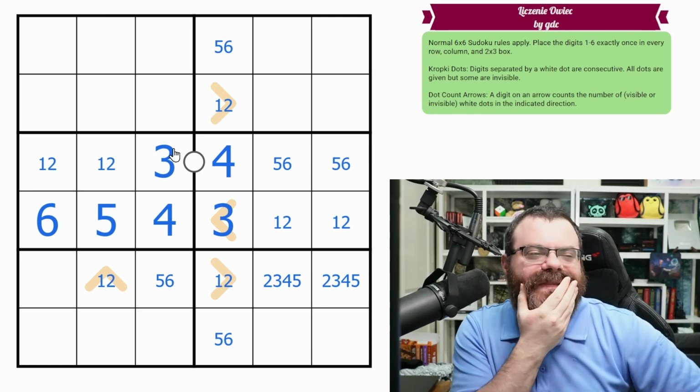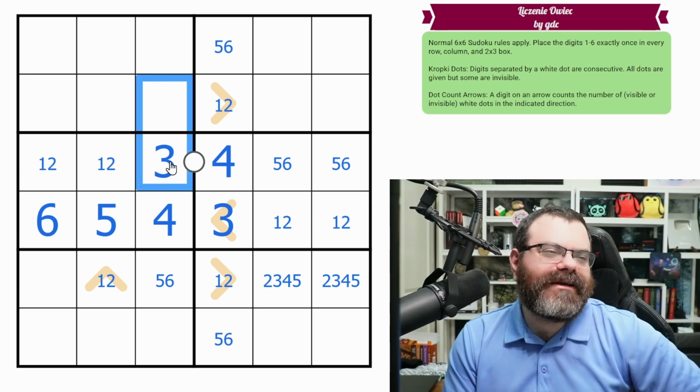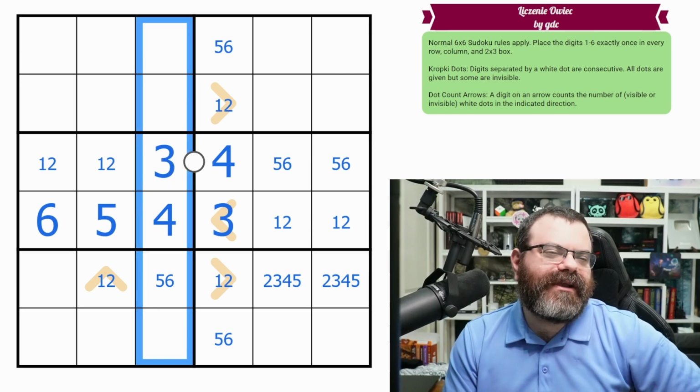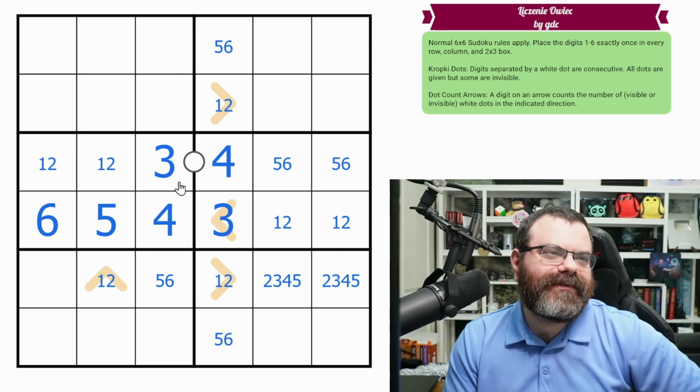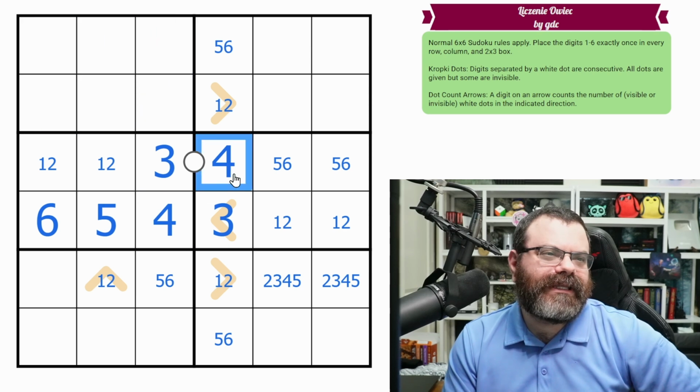I don't think we can say there's no white dot here, for example, because just because we don't have an arrow doesn't mean there isn't an invisible dot there. Pretty sure. So I don't think we can do that. What else is there to do?